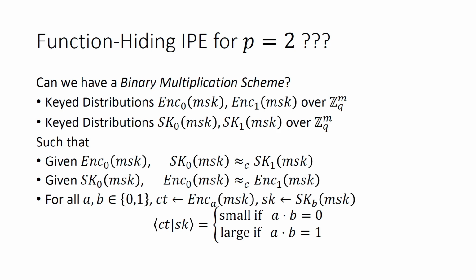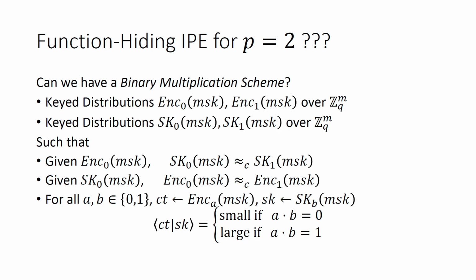They're all output vectors. And if I have oracle access to a ciphertext of the 0-bit, I cannot distinguish between secret keys for a 0-bit and a 1-bit. If I have oracle access to a secret key for a 0-bit, I cannot distinguish between ciphertext for a 0-bit and the 1-bit.